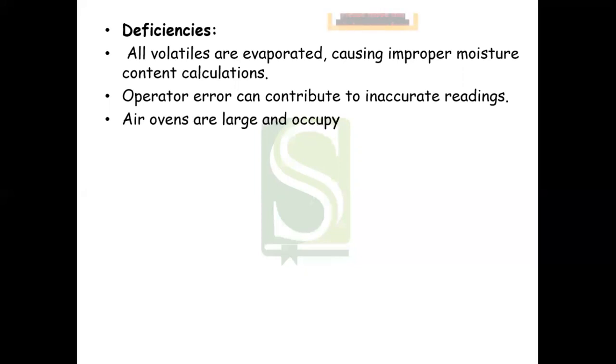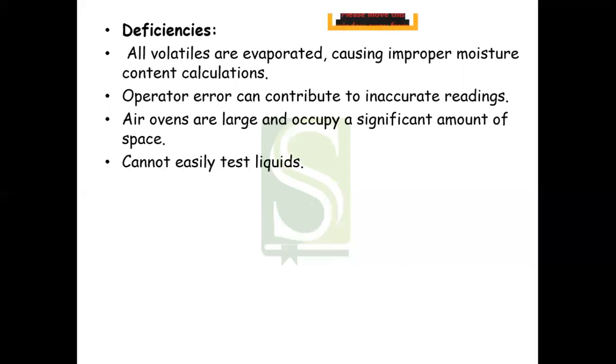Air ovens are large and occupy a significant amount of space. This method cannot easily test liquids. Samples get either destroyed or altered as well.